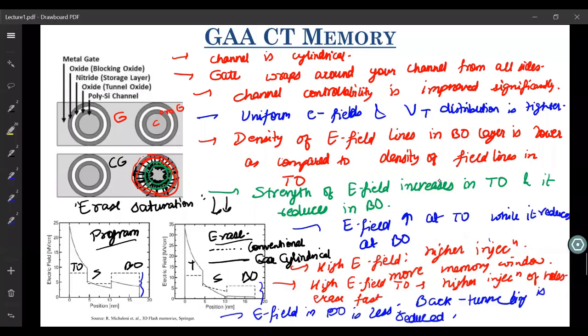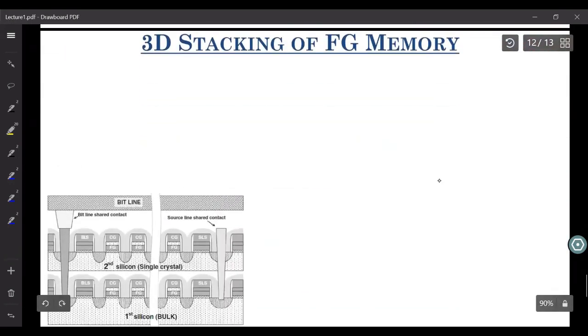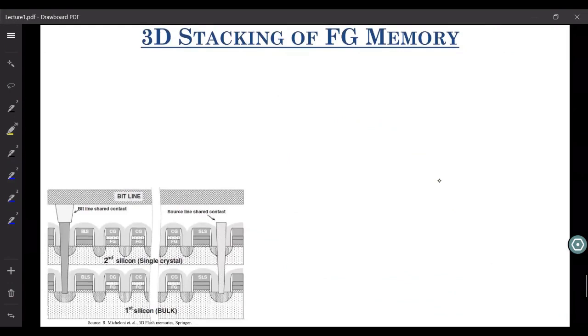Now with this understanding of gate-all-around charge-trap memories and how they can be integrated in your 3D NAND flash memories, let us discuss why we exactly want to 3D stack the floating gate memories or the NAND flash memories. Can't we just scale them horizontally and work around that? Let me talk about the need for this 3D stacking of floating gate memories.